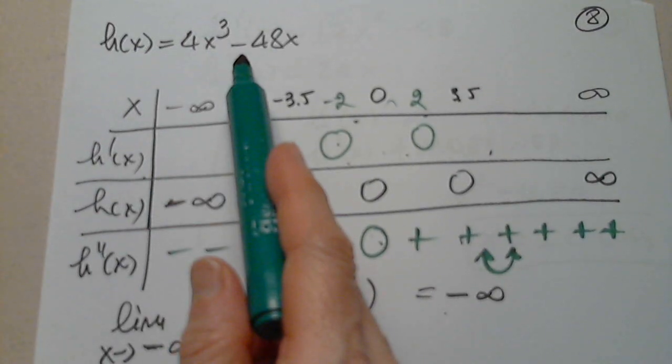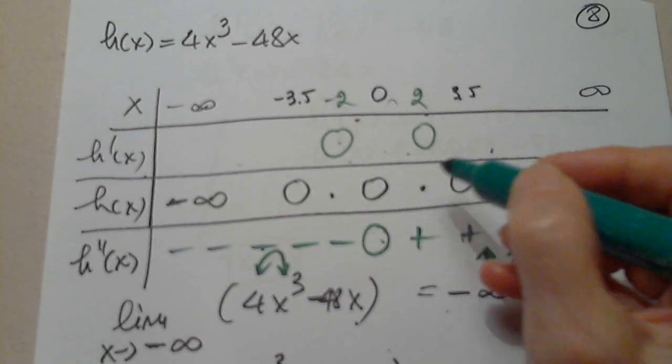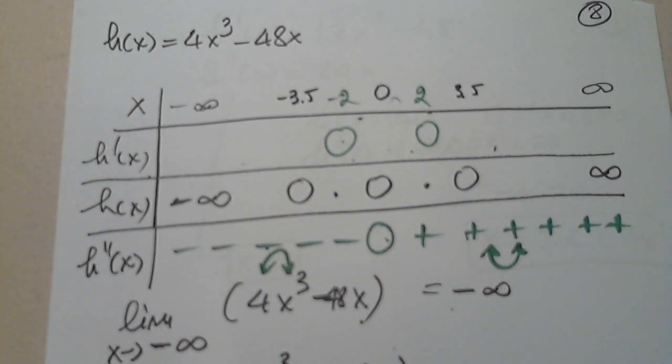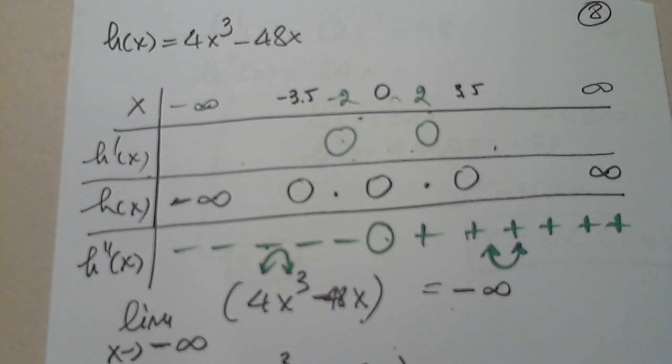I have to put the function in the graphing calculator and determine the corresponding values for negative 2 and 2, because I need all those y values in here. So I'll go back to the graphing calculator.